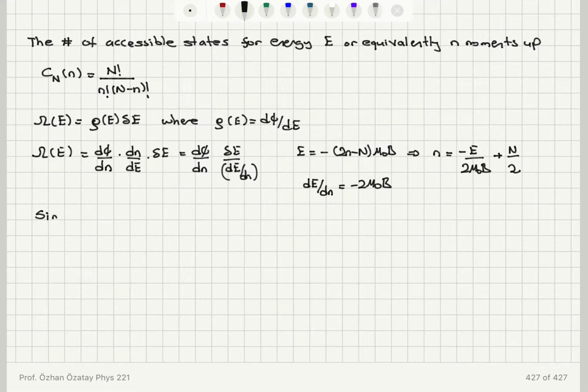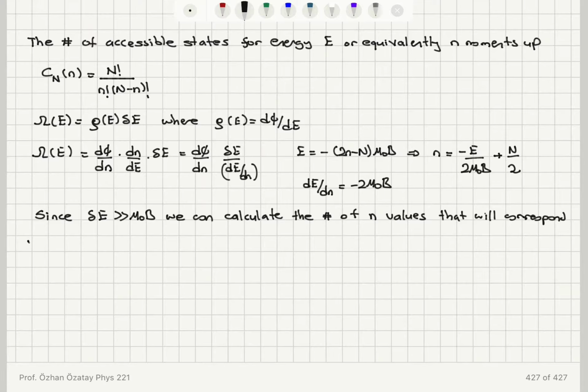So since this energy interval that I'm interested in, delta E, is much greater than mu0 B, we can calculate the number of n values, up moment values, that will correspond to energies in the range E to E plus delta E, as we have a change in the energy of 2 mu0 B for each n value change, dE dn absolute value.